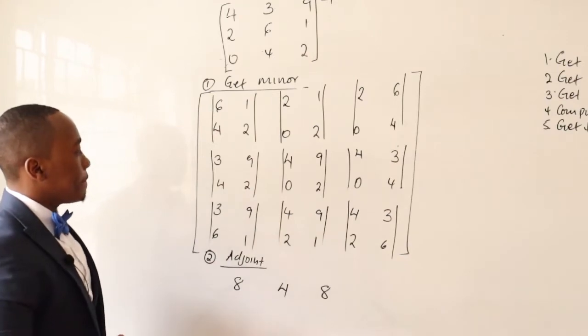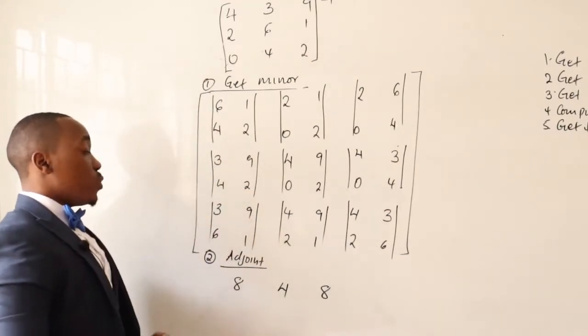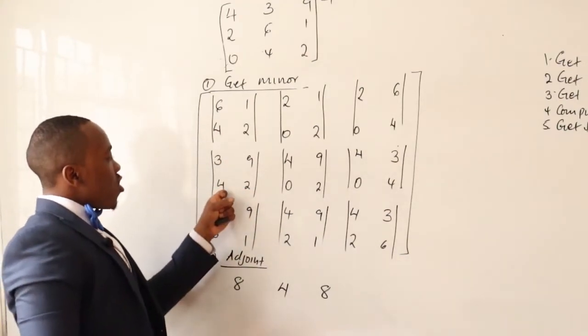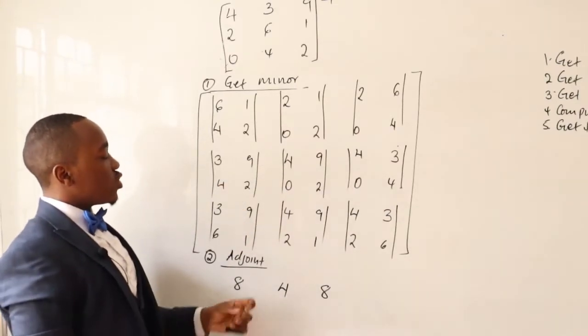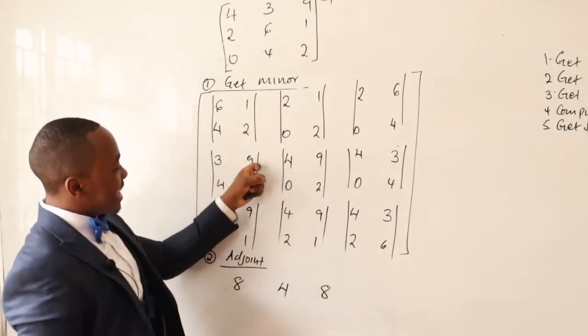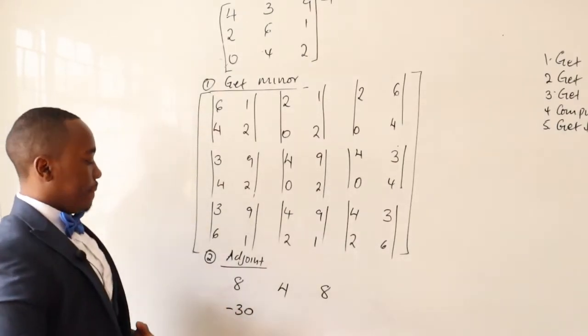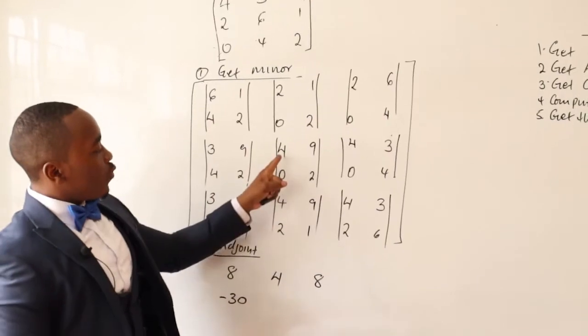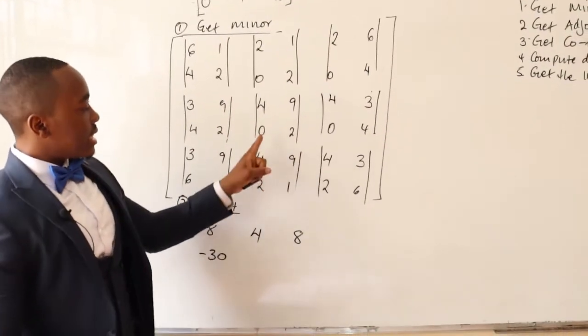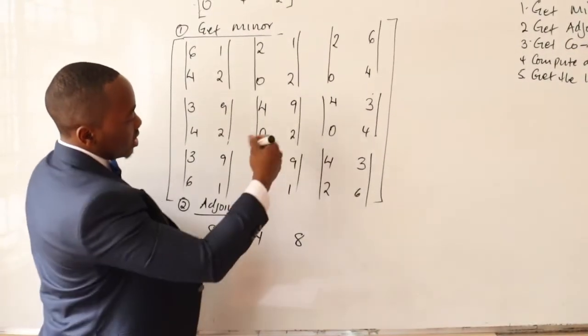Then we come back here. 2 times 3, you get 6. 4 times 9, you get 36. So you are taking 6 minus 36, and you have negative 30. Come here. 4 times 2, you get 8. 8 minus 0, so you still get 8.